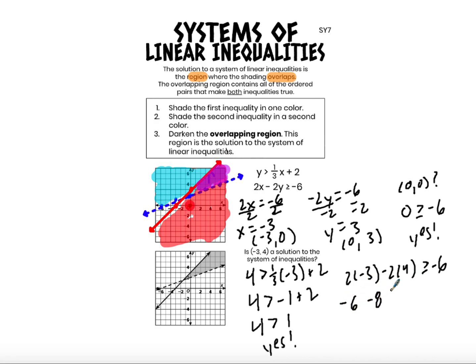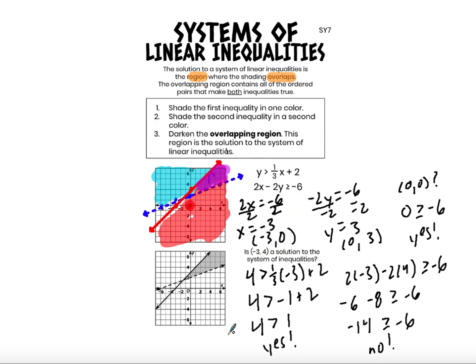Is -6 minus 8 greater than or equal to -6? Is -14 greater than or equal to -6? No, it's not. And I already knew that because -3, 4 is not in the red region. It's not in the shaded region for that second inequality.